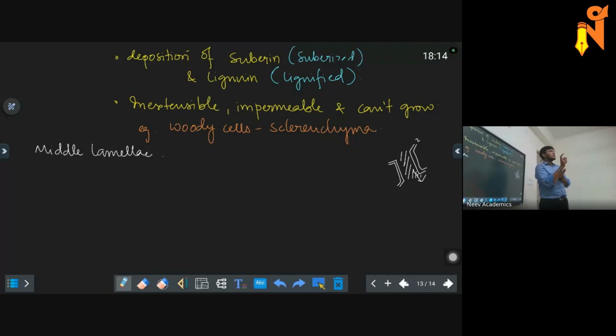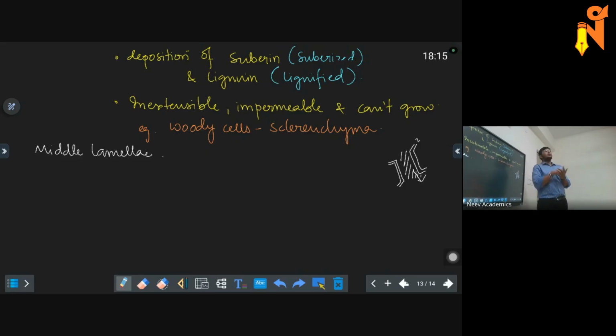Amorphous means the material which doesn't have its own morphology. Same as cement, wherever I put it, it will take the morphology of that structure. It helps to cement between the cells, so it becomes a cementing material.